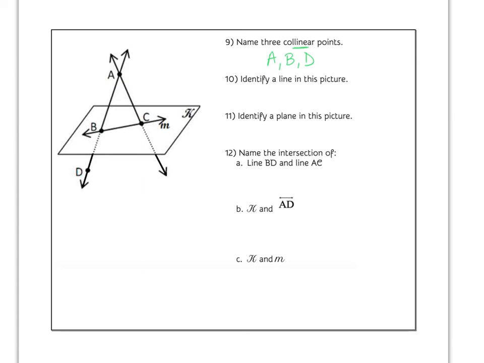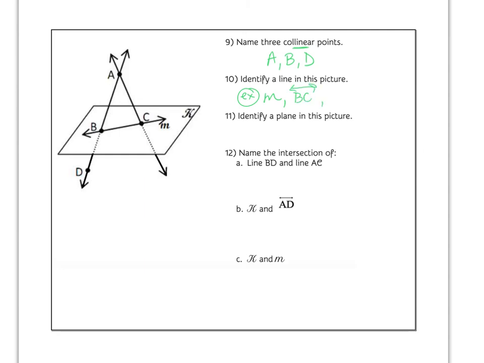Take a minute and please do numbers 10 and 11 on your own. Go ahead and pause the video. So for number 10, you could have lots of answers. Some example answers are M, line BC. Those are actually the same line.